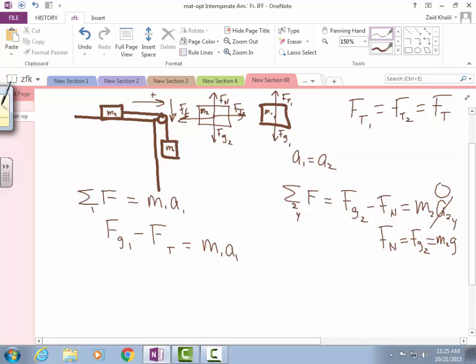Since we have Fn, I might as well then go and calculate the two forms of friction that we can calculate with it. What two forms can we calculate with it? Which static? Max static. So we can find FFS. We can express FFS max. What is that equal to? Mu S Fn, which is mu S m2g.